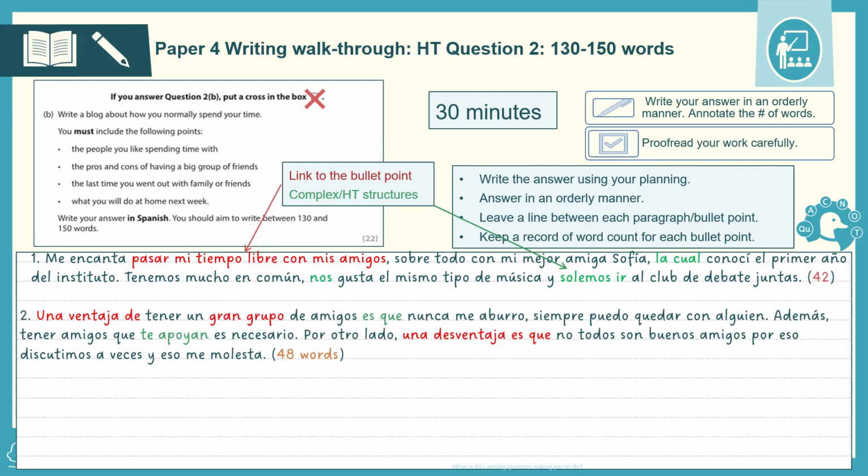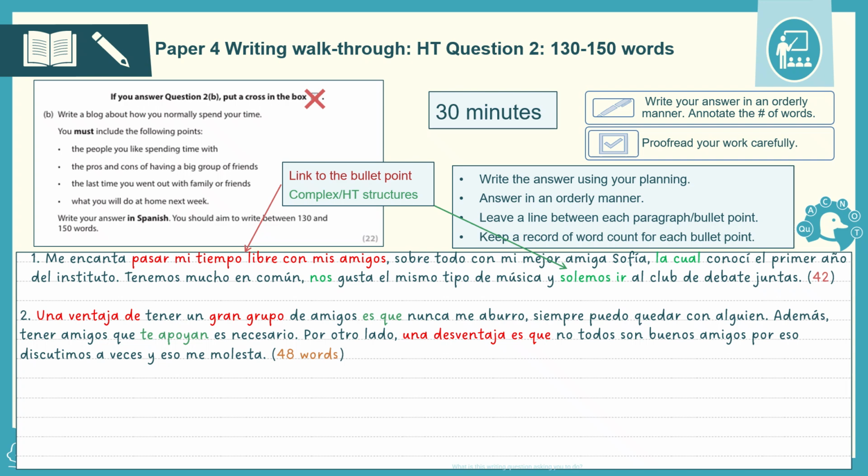The next one, as you can see in red, is basically the advantage, una ventaja, and then along on the second line, una desventaja, the disadvantage. Some nice expression in green as well, consider complex. So I think if I can highlight this one.